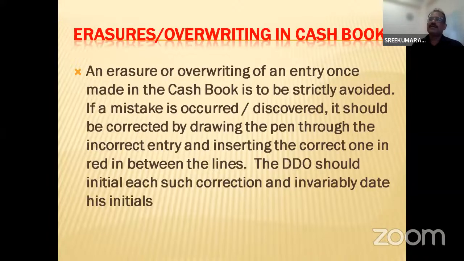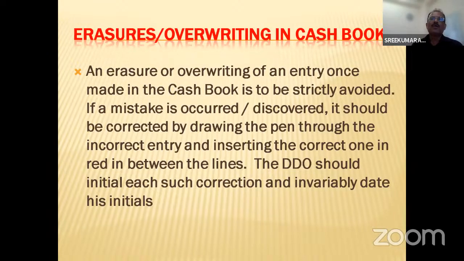Erasure and overwriting in cash books. What we now discuss is the maintenance of the subsidiary cash book. Of course, there is a format for that. It is available in the audit manual. All the institutes are following it. So what we discuss is how these subsidiary cash books are to be maintained properly.